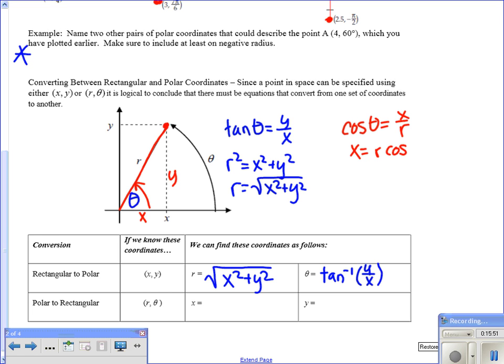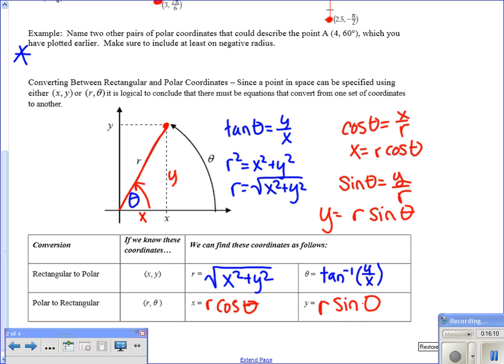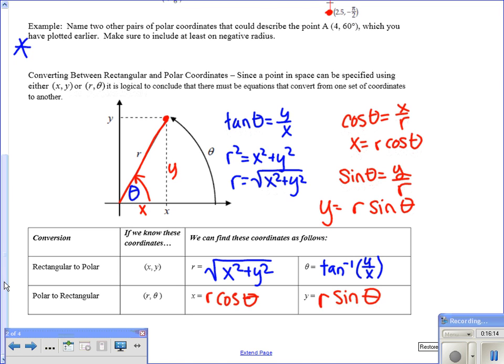So x is equal to r times the cosine of theta. And y would then be the sine of theta equals y over r. So r times the sine of theta gives us our y. So again, just using things that we've done before, it's nothing new.